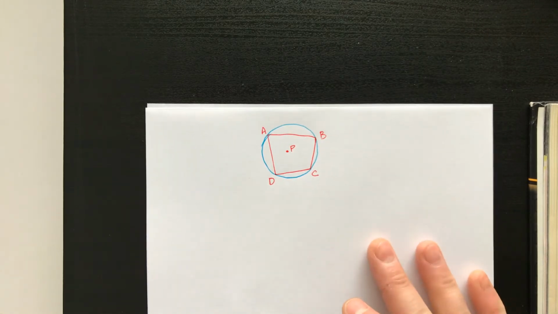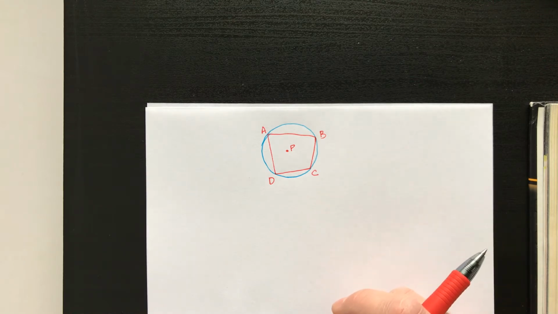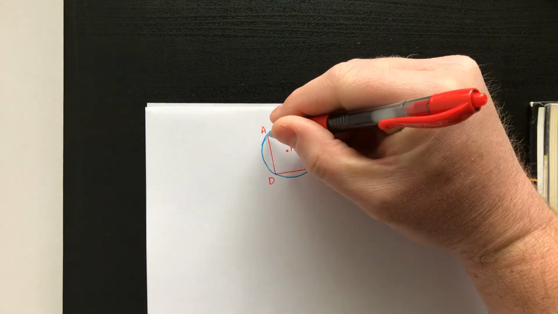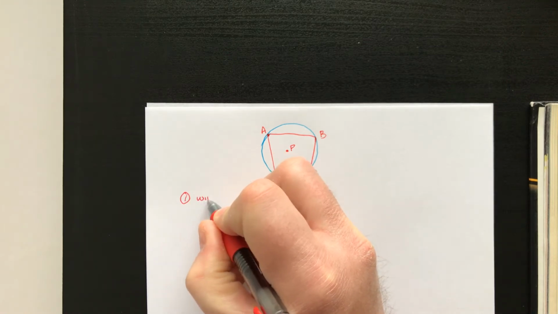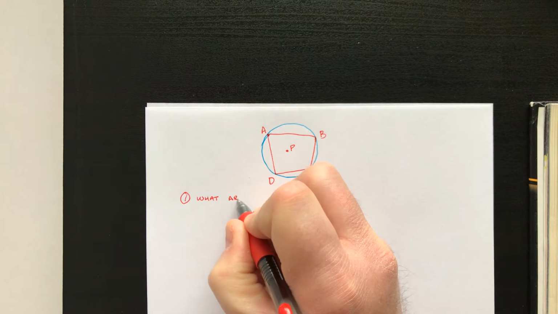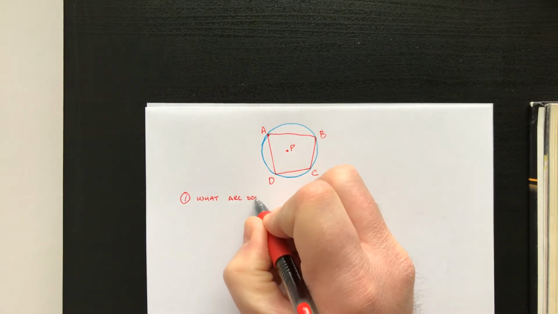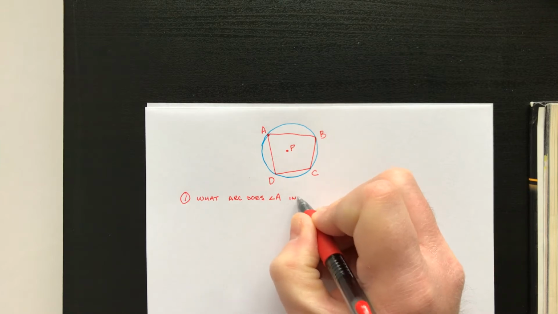So, for instance, problem number 1 is just asking you which arc does angle A intercept. So here's angle A, okay? What arc does angle A intercept?